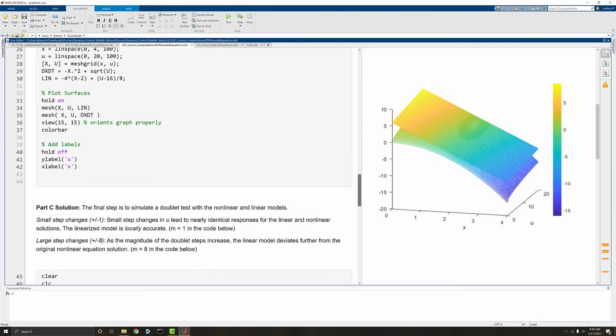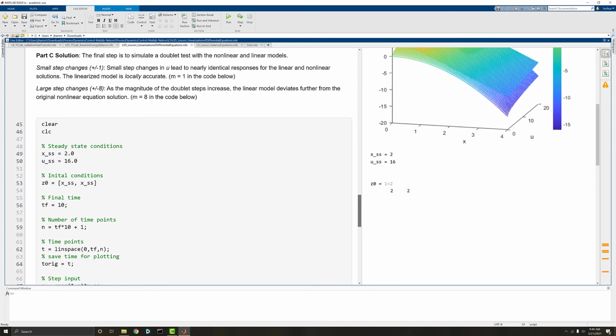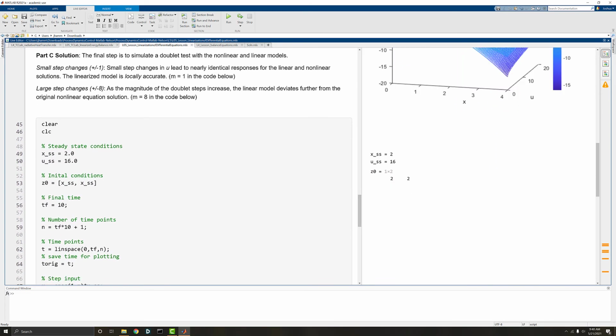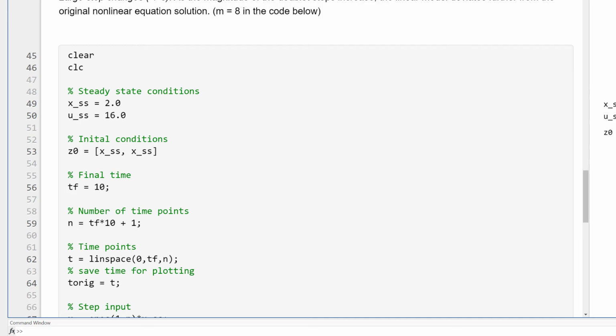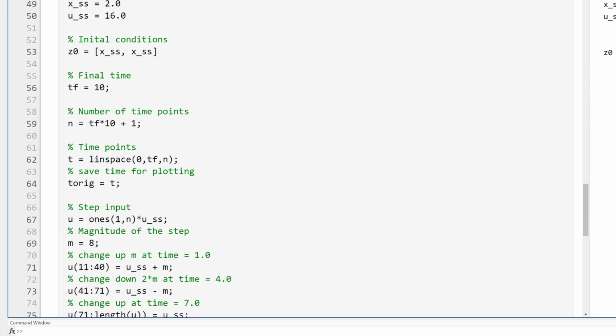Finally, in part C, we want to simulate a step test both with small changes, so with plus or minus 1, and large changes with plus or minus 8. We'll be able to do that by changing this m value right here on line 69, which changes the magnitude of the step. We'll create our steady state conditions and create those conditions as an initial condition for our ODE45.